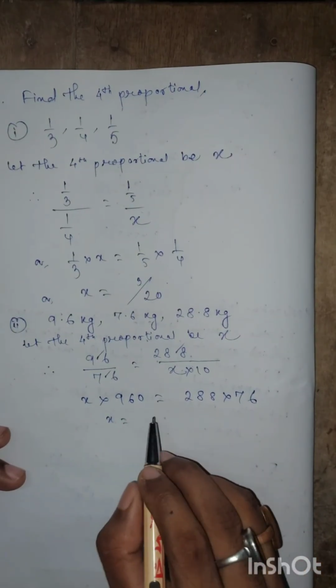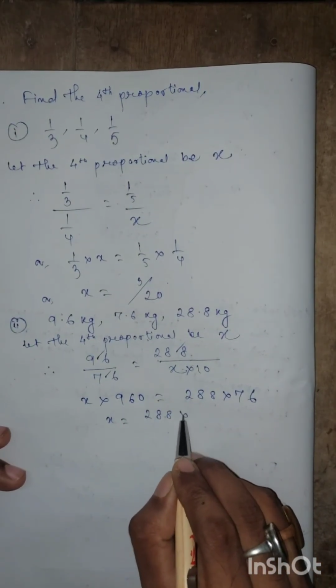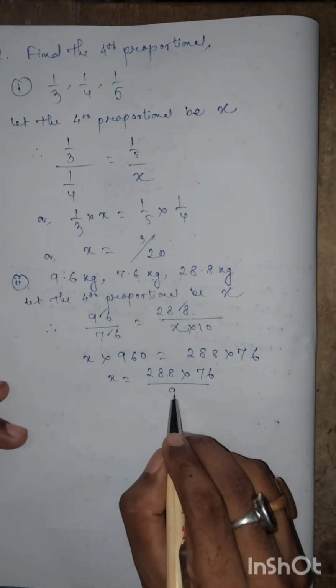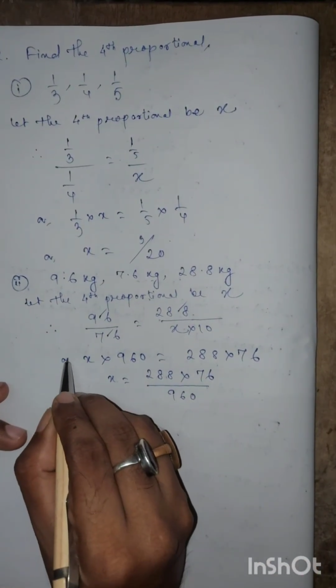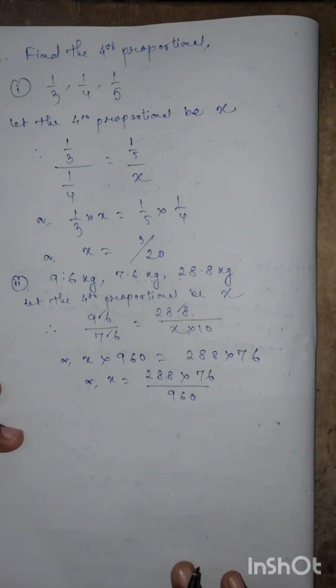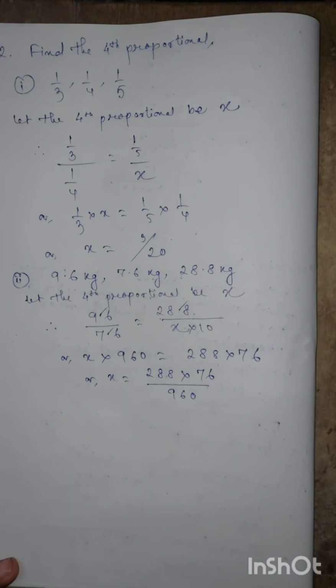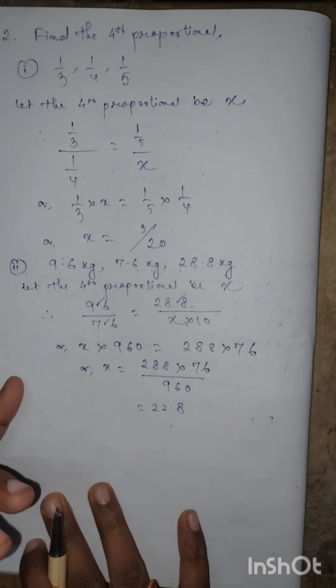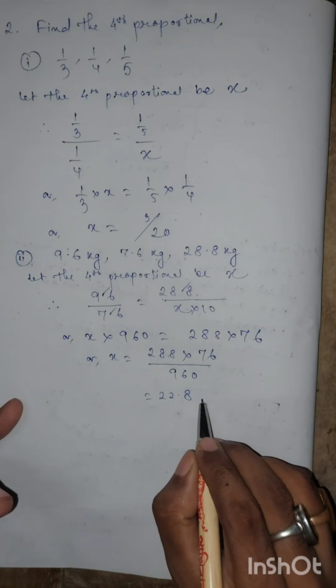So the value of x should be 288 into 76 by 960. So our fourth proportional should be 22.8 kg.